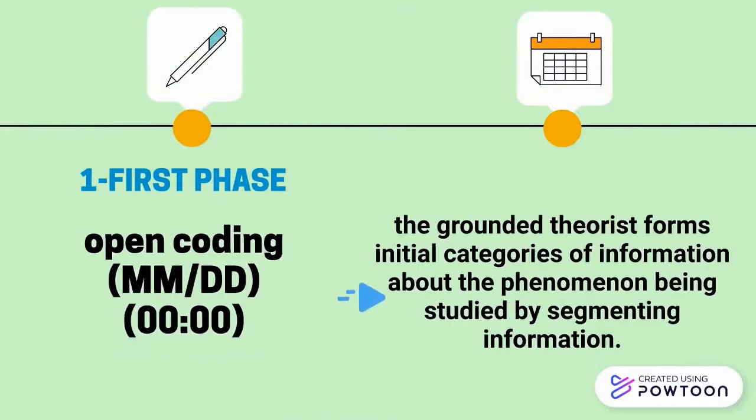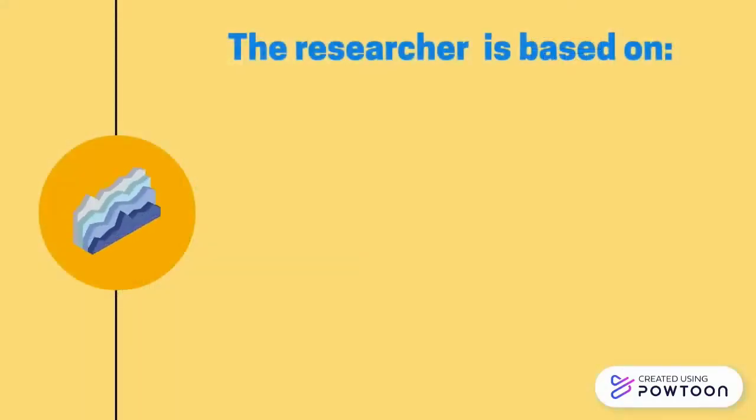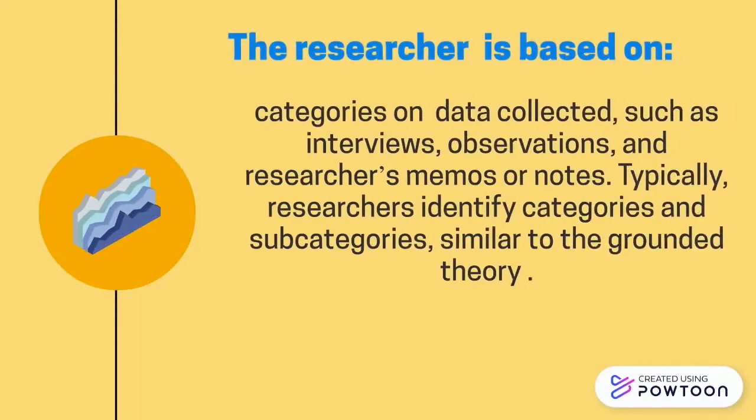The first phase, open coding. The grounded theorist forms initial categories of information about the phenomenon being studied by segmenting information. The researcher bases categories on data collected, such as interviews, observations, and researcher's memos.